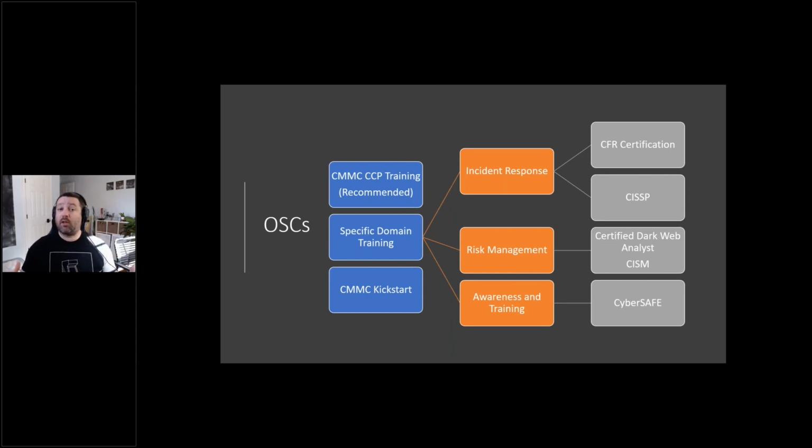And what that will look like is an individual who gets the CCP certification. Remember, that is the first and only certification that is available right now. That certification will help any individual guide an organization seeking certifications policies on getting ready for CMMC.